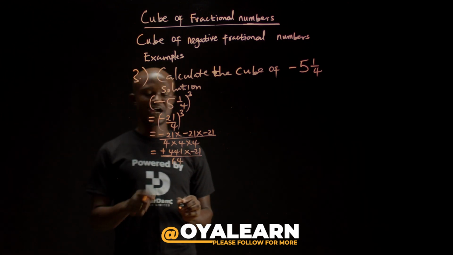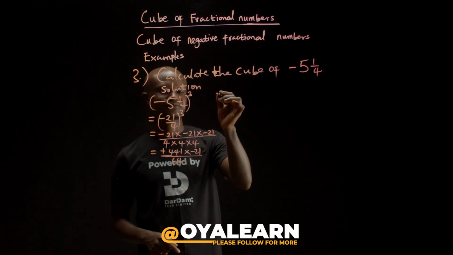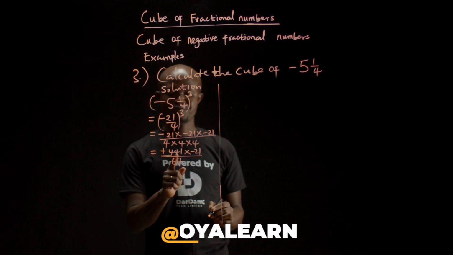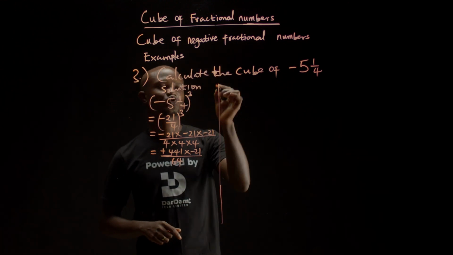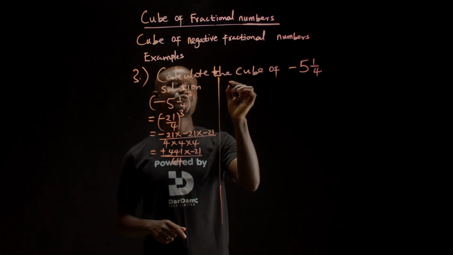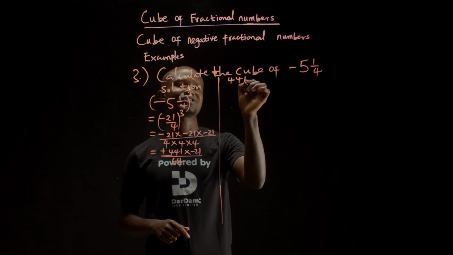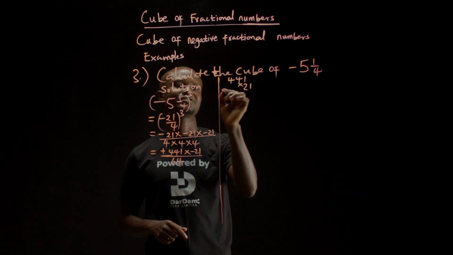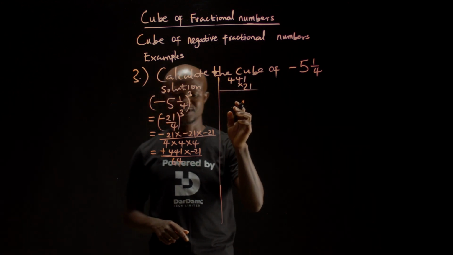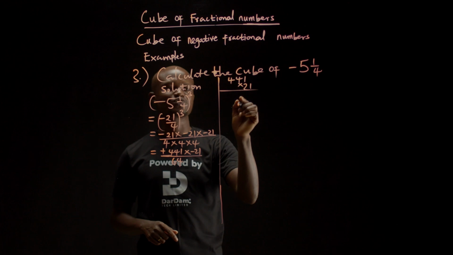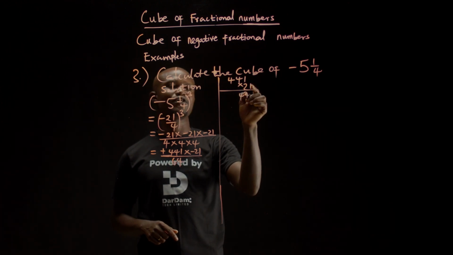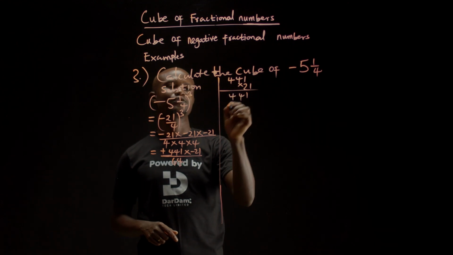Now we need to multiply 441 by 21. 1 times 1 is 1, then 1 times 4 is 4, and 1 times 4 is 4.